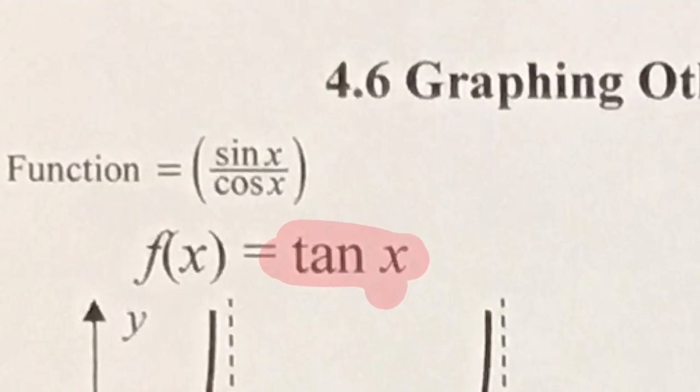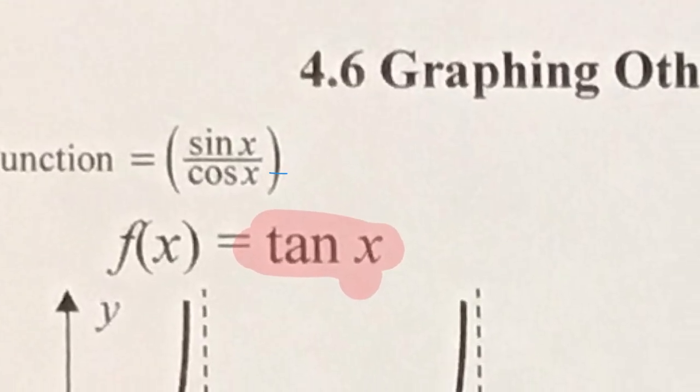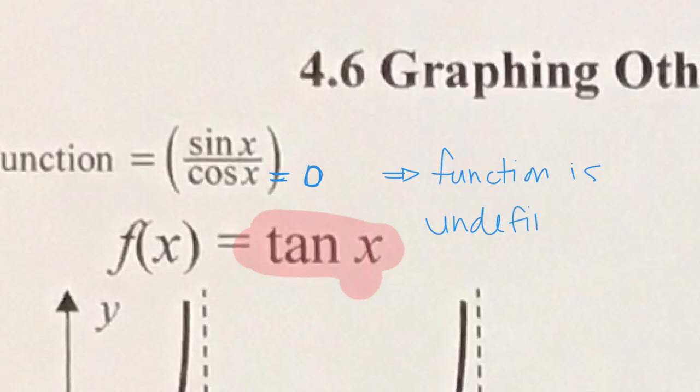Okay, notice there are asymptotes. So how do we know when there's an asymptote? Well, what happens if our denominator is 0? Right, if your denominator is 0, that means your function is undefined at that x value. And everywhere we have an undefined function, we have a vertical asymptote.